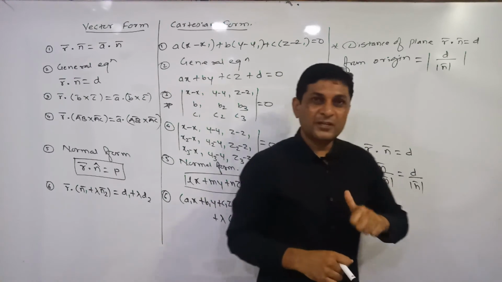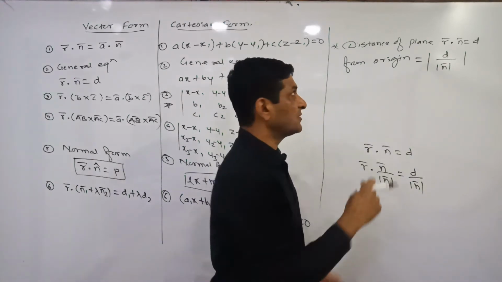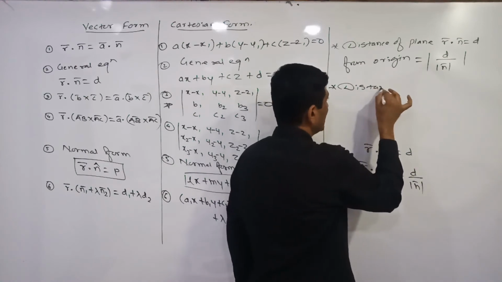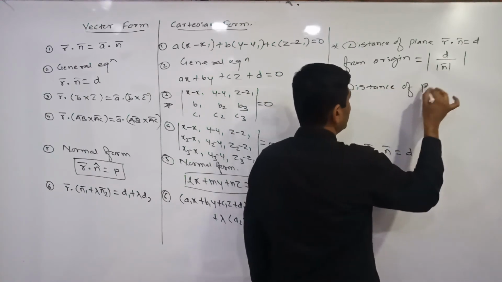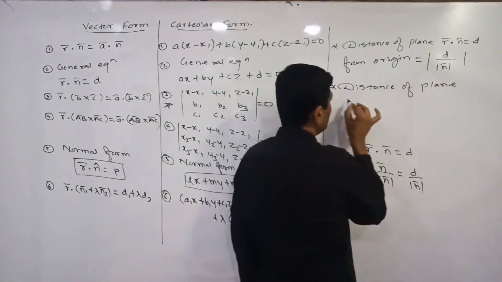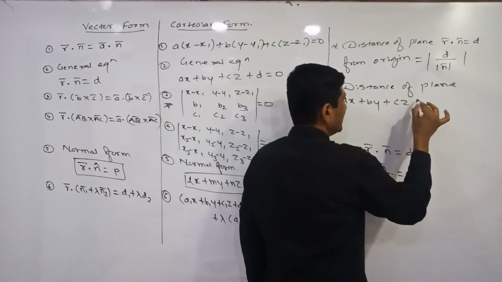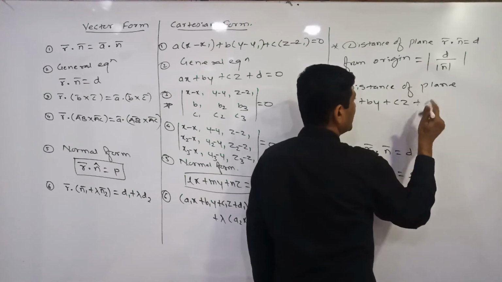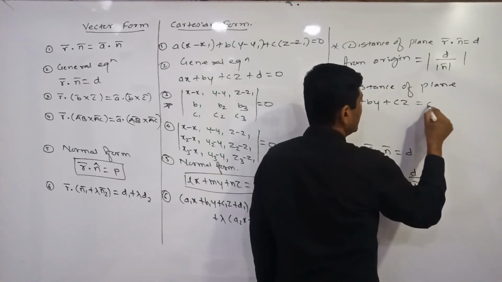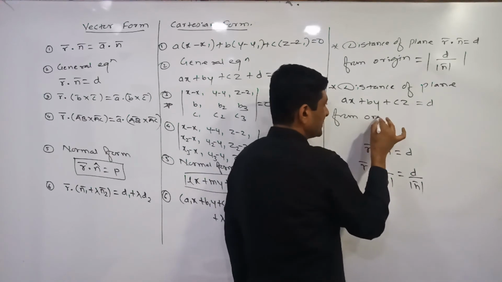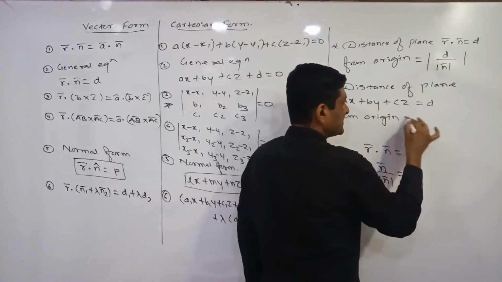Now if the equation is given in Cartesian form, suppose that equation is, now here we are finding the distance of the plane. Let the equation of the plane be ax plus by plus cz equals d. The distance of this plane from the origin is equal to?